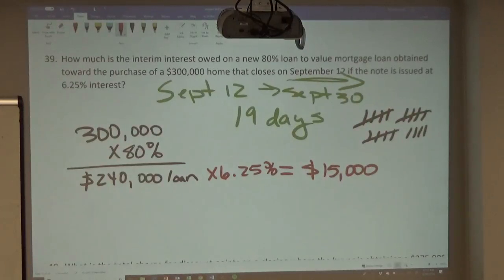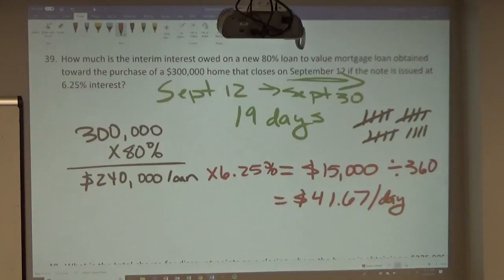$15,000 in annual interest, but we want 19 days, so we need to break that down immediately to daily. So we're going to divide that by 360, and we get $41.67 per day in interest. $41.67 per day in interest times 19 days.